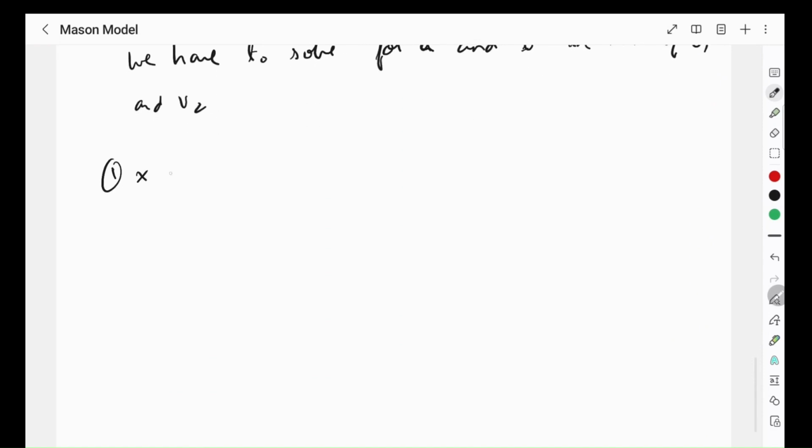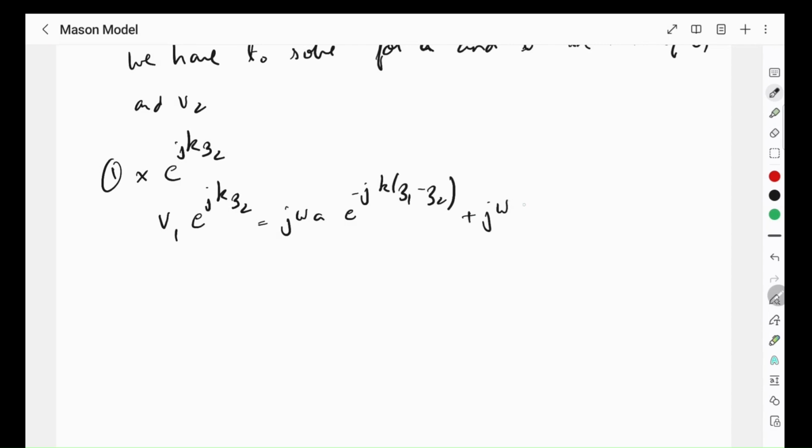First equation, I'm multiplying it by e raised to j k z2: v1 e raised to j k z2 is equal to j omega a e raised to minus j k (z1 minus z2) plus j omega b e raised to j k (z1 plus z2).